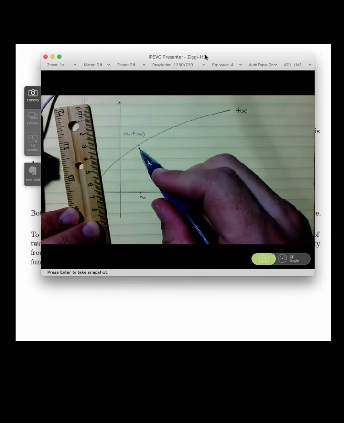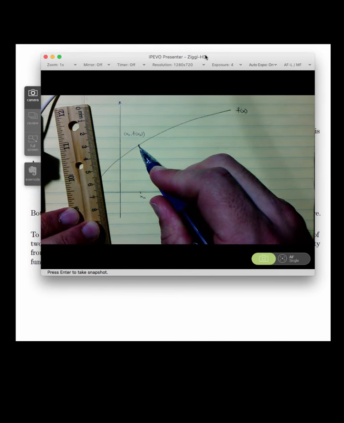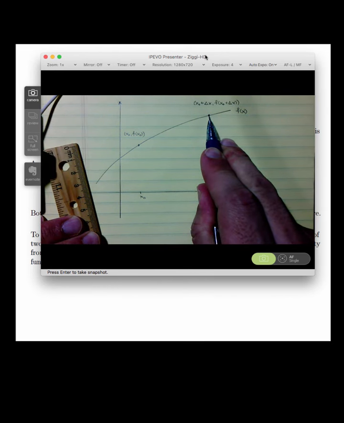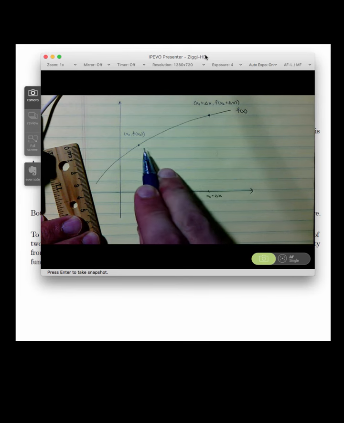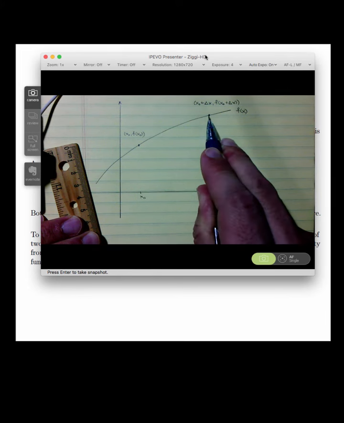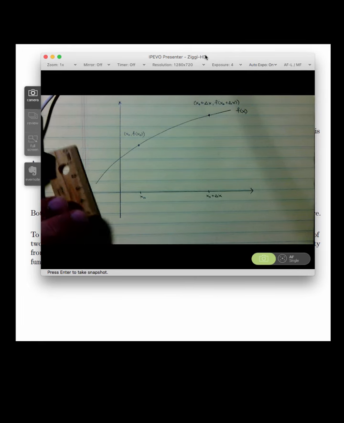The corresponding points on the graph are x0, f of x0, and x0 plus delta x, f of x0 plus delta x. We can consider the change in the x values in going from this lower point on the graph to this higher point, and we can consider the change in y values as well.